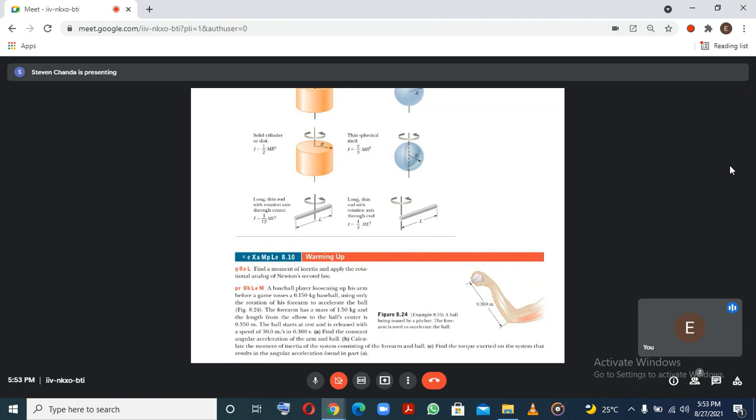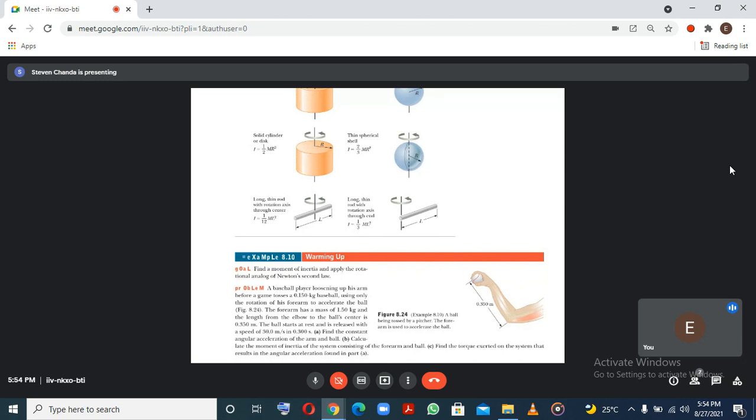So once we've done that, now we know that this particular system consists of two things. It consists of the ball and also of the forearm itself, right?